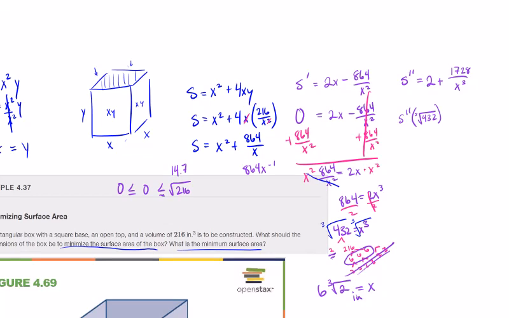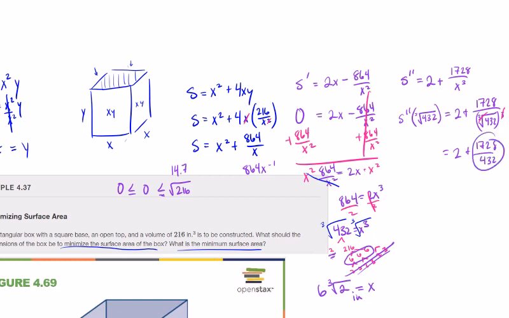So this will turn into 2 plus 1728 over the cube root of 432 cubed, right? Which, once again, this cube will cancel out the cube root. So we'll just get 432. So it'll be 2 plus 1728 over 432.